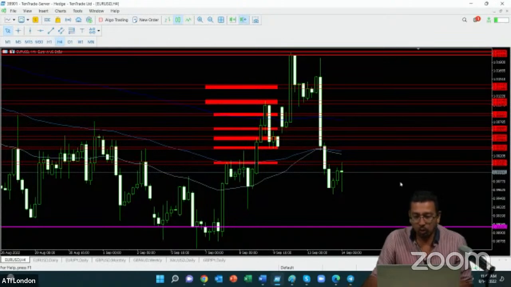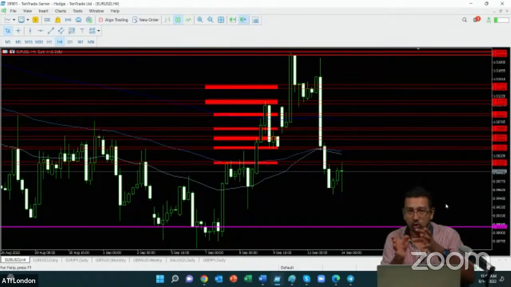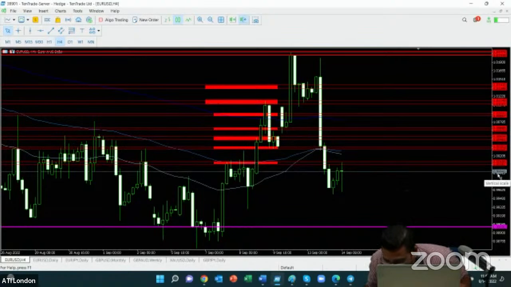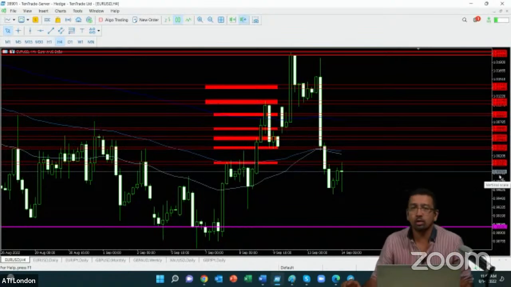Okay, so what's important though is when you train your eyes to look to the left, to the right, we can then look at what price could potentially be doing in terms of price action. Now here, for example, we are at 9990, right?